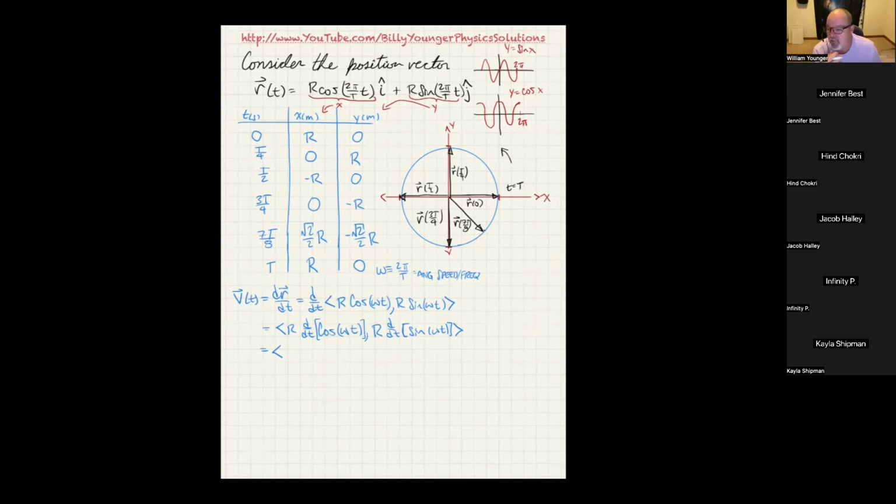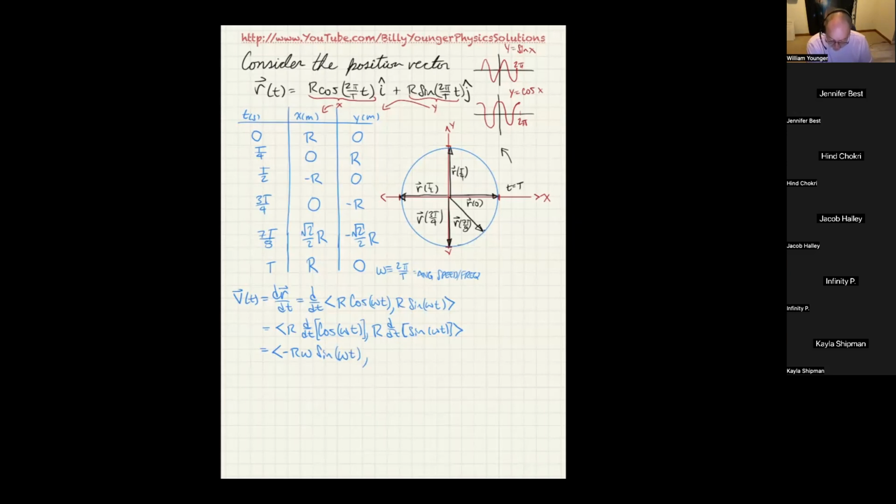So the derivative of omega t with respect to t is just omega. So yeah, you're absolutely right. This is going to become negative r omega sine omega t. I think that's what you were trying to say. Yes, Kayla, that's right.